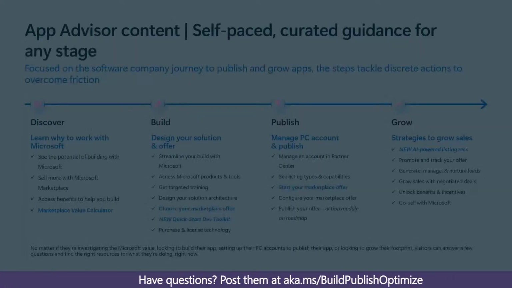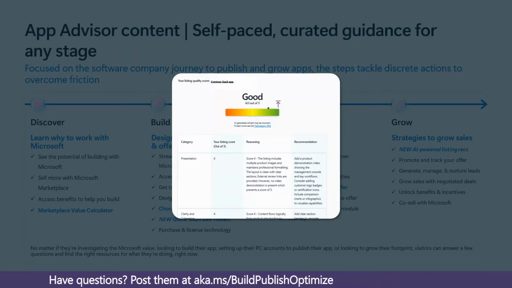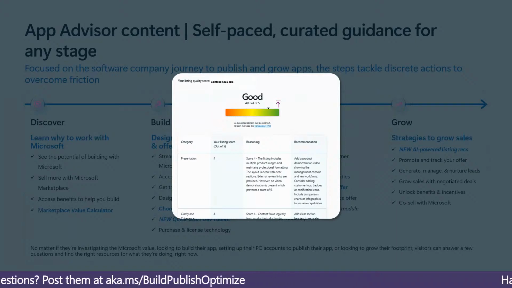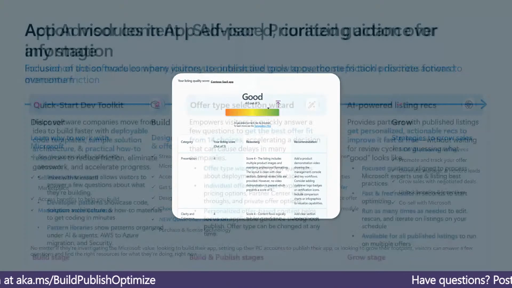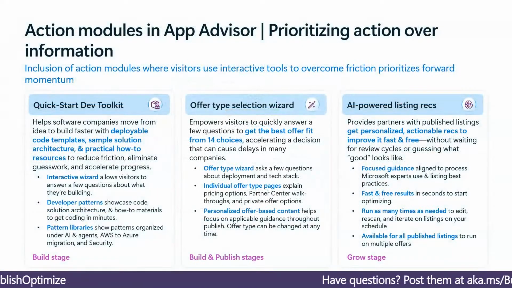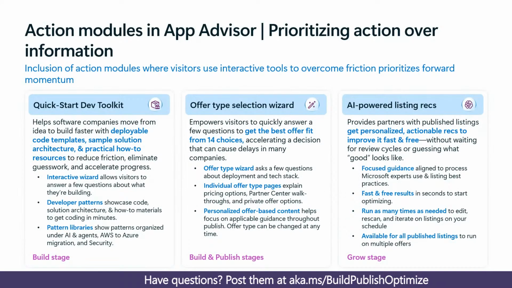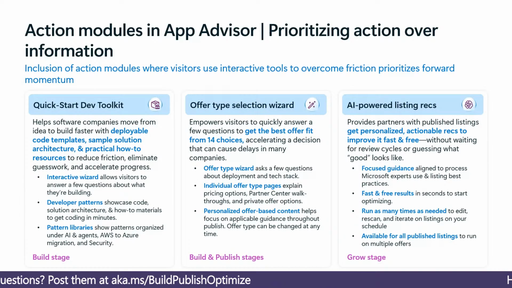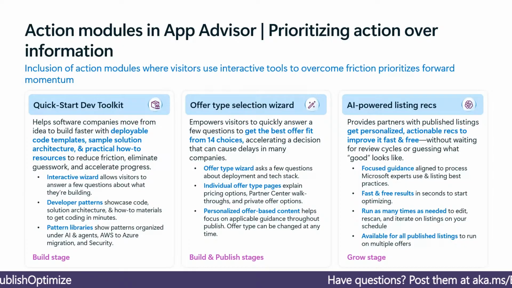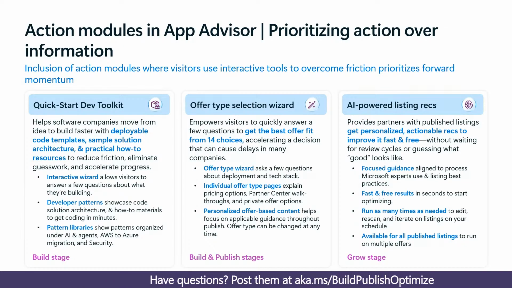So this is an example of that cool new AI-powered listing recommendations that we'll demo shortly. AppAdvisor has these interactive modules we call action modules. Just to double down on these a little bit before we get into the demo, they're interactive sub-experiences where you can tell AppAdvisor information and it'll get you information or resources specific to your app project.